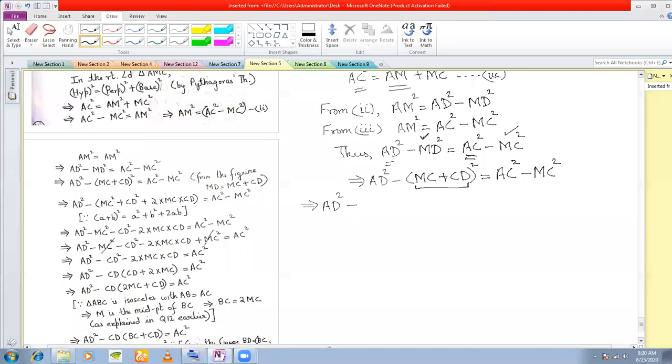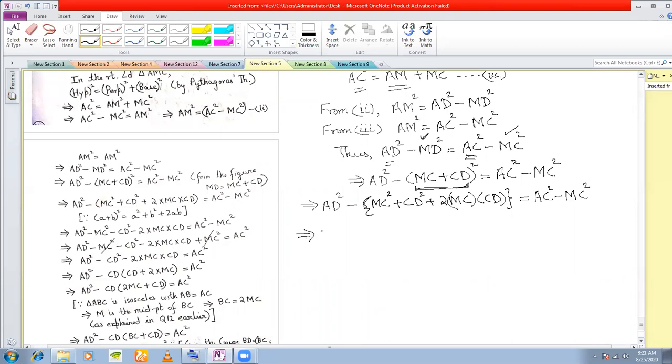Minus, we'll expand this by A plus B whole square form. So this is my A square, which is MC square, B square, which is CD square, plus twice AB, means twice MC into CD. So this has been expanded by A plus B whole square form is equal to AC square minus MC square.